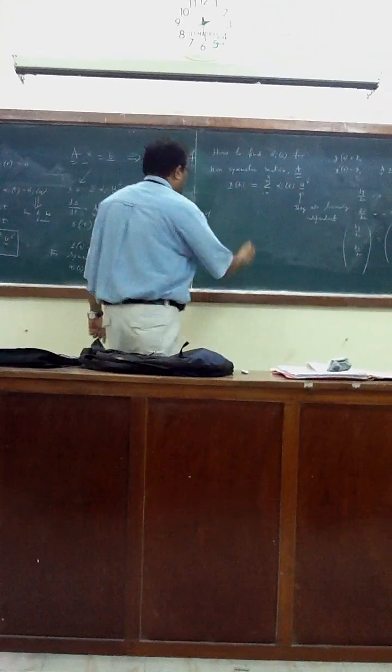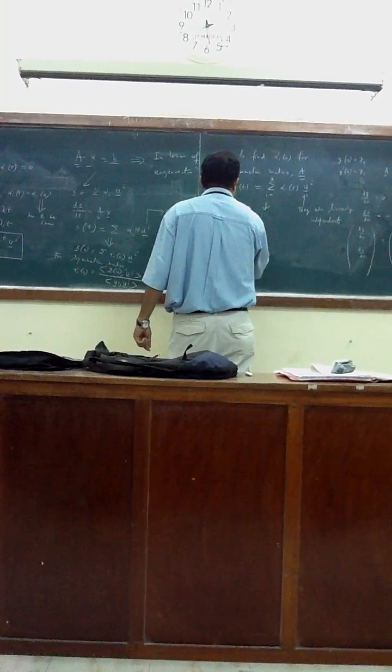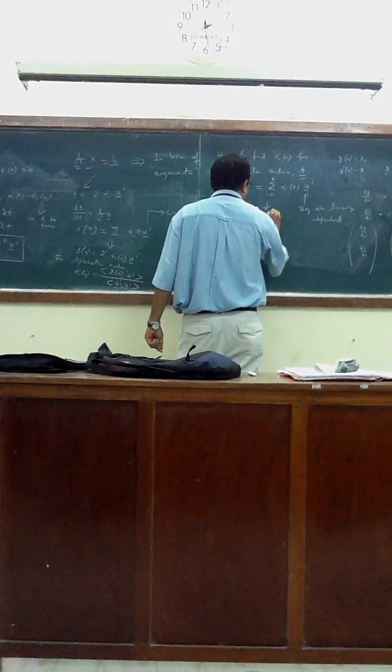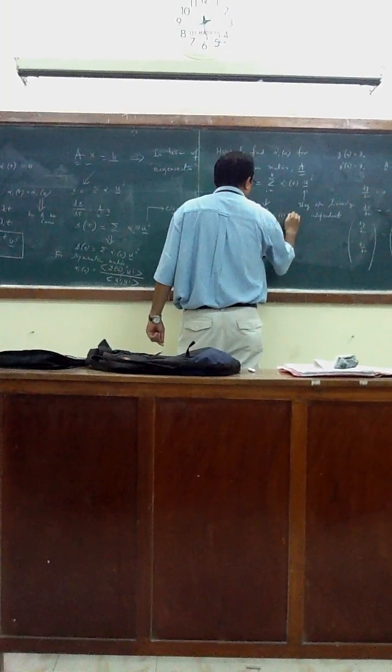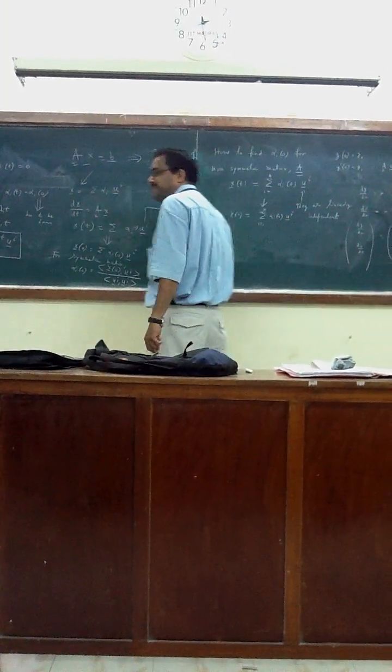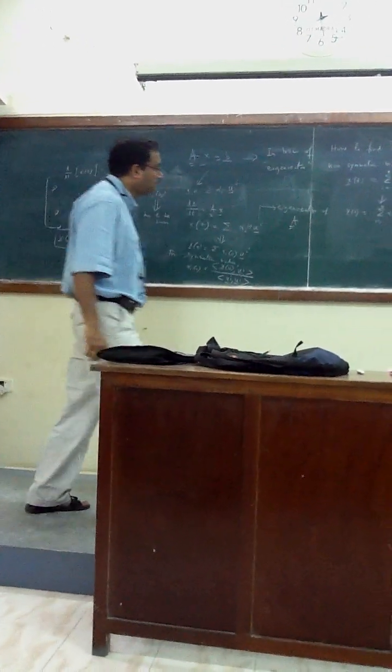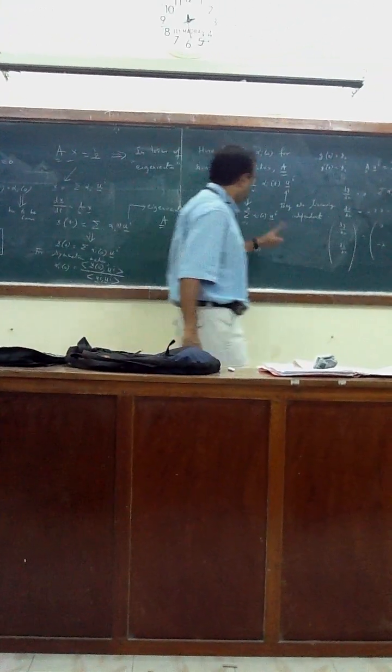Remember that if we put t equals 0 in x bar, we have the summation i equals 1 to n of alpha i0 u i bar. You have to find alpha i0.